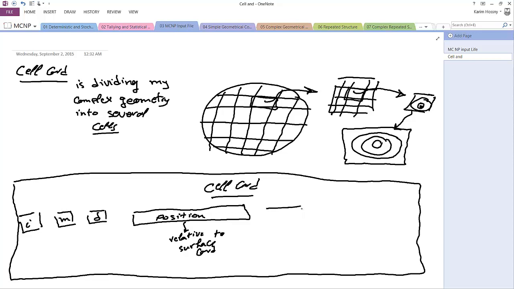Then we have the importance. Those are the minimum requirements of the cell card. Those two are taken from the data card, and the position is taken relative to the surface card.